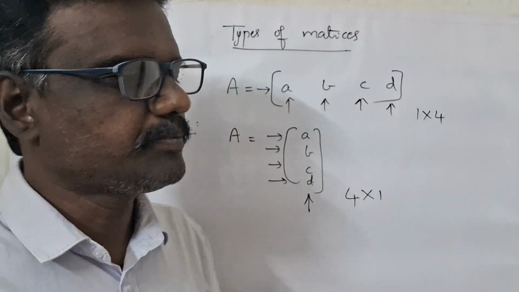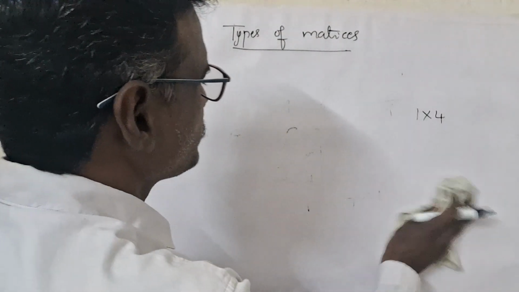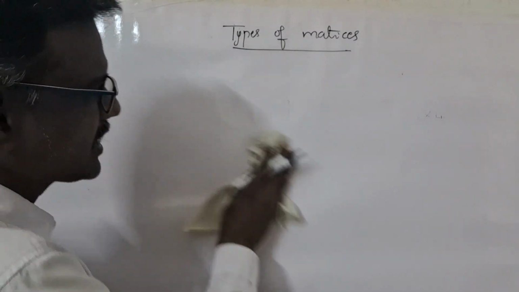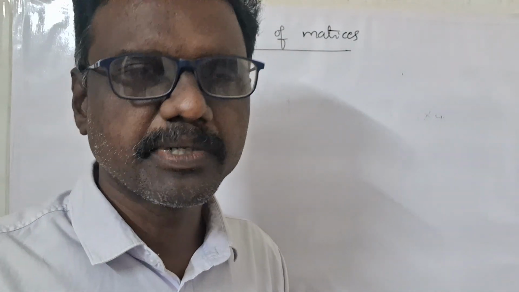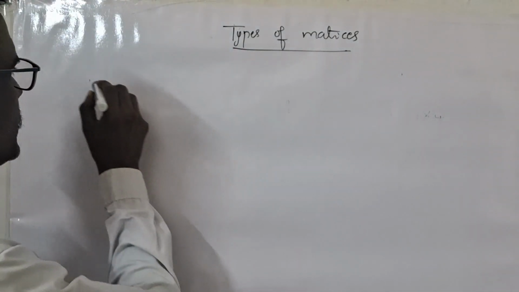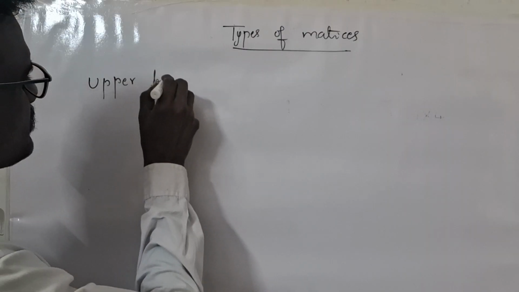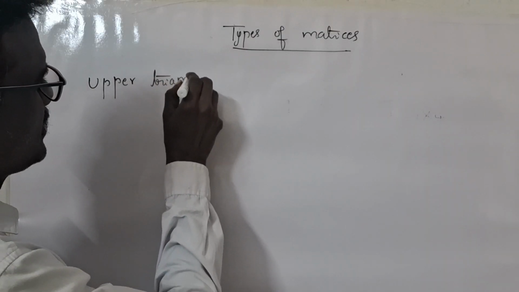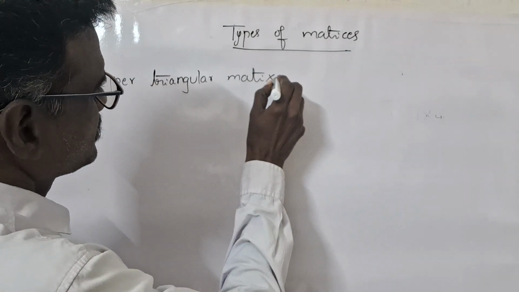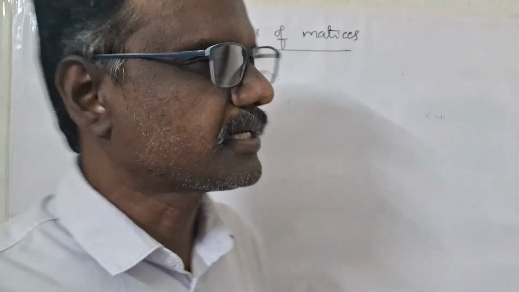Next type is triangular matrices. In that two types are there: upper triangular matrix and lower triangular matrix. First I am discussing the upper triangular matrix.